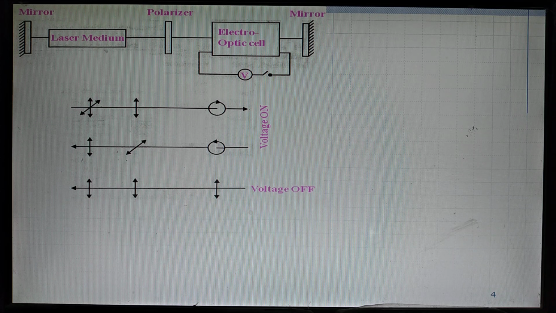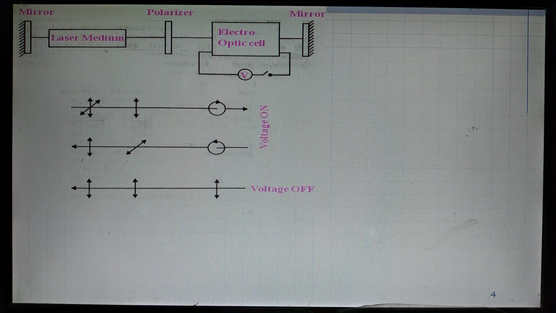And on repassing through the electro-optic crystal, the two components of circularly polarized light experience a further retardation of 90 degrees with respect to each other. Coming out of the crystal at the other end, the components recombine to produce linearly polarized light.